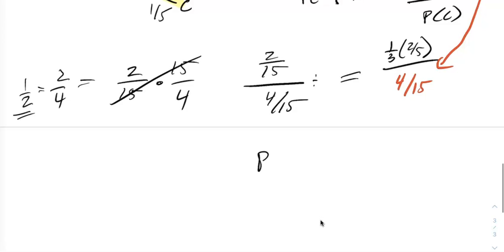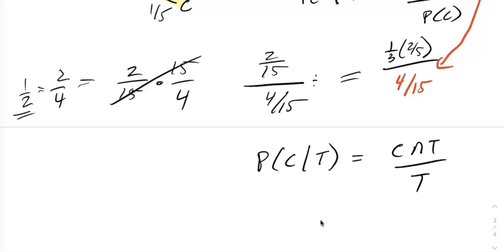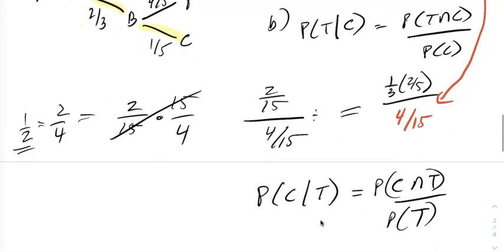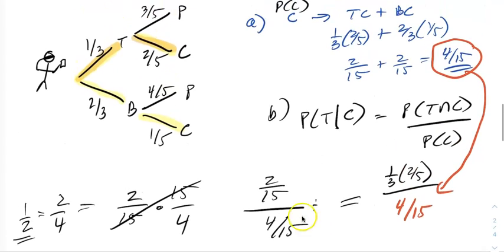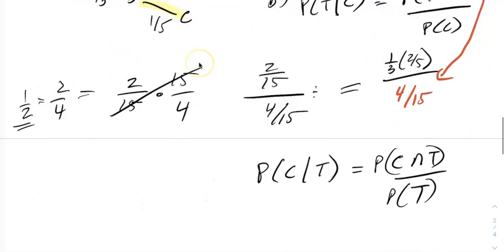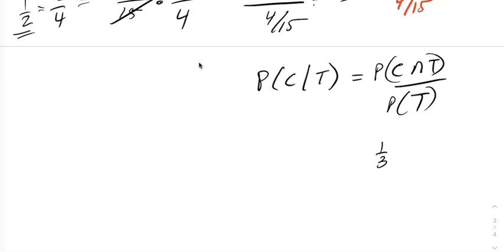By the way, let's see if I switched it up. What's the probability that he picked chicken given that he went to the top shelf? Chicken given top shelf. So if we use the formula, that's chicken and top shelf over top shelf. Alright, so in that case, chicken and top shelf, we already know. T and C. So same thing we did before. 1/3 times 2/5, I think.